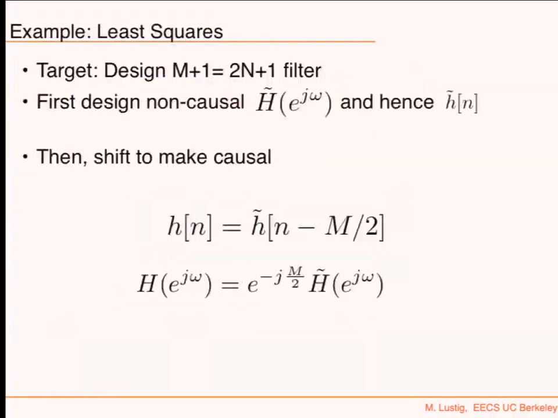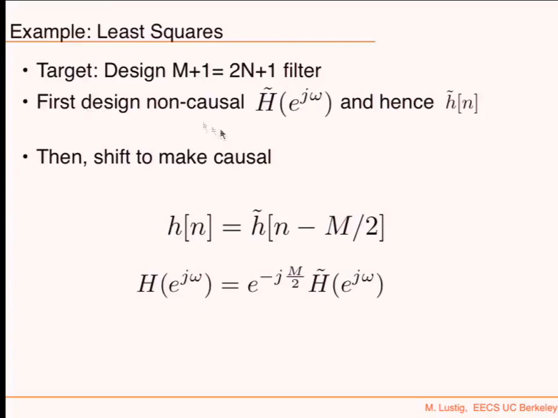Okay, you're going to see how it actually works. So we're going to design an m plus 1, which is a 2n plus 1 filter. So m plus 1 equals 2n plus 1. So m equals 2n.